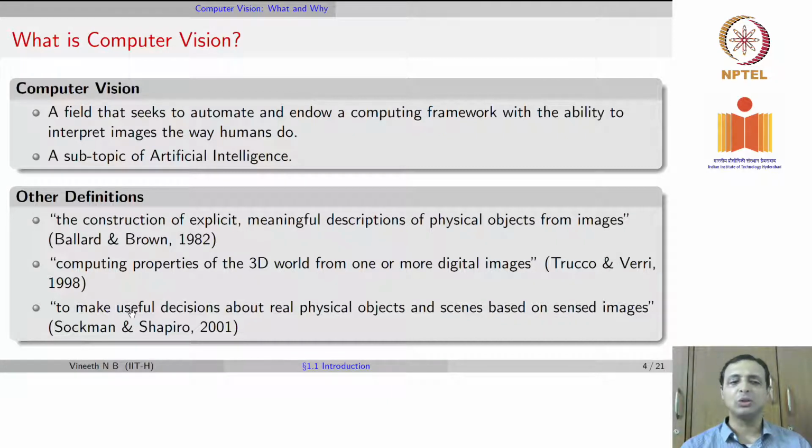Or as Stockman and Shapiro say, to make useful decisions about real physical objects and scenes based on sensed images. And one thing that I should mention here is, when we say images, we also mean videos. Images is more a placeholder for the visual world that a camera captures. It could be images or videos in this particular context.